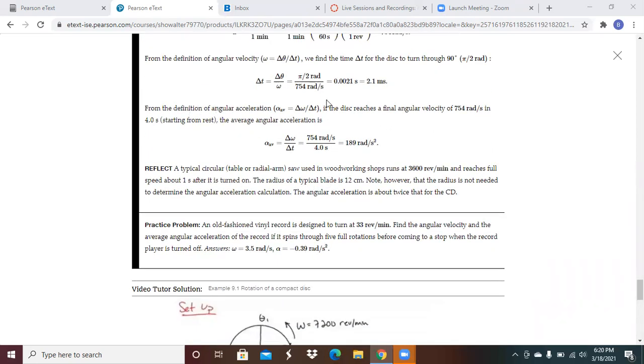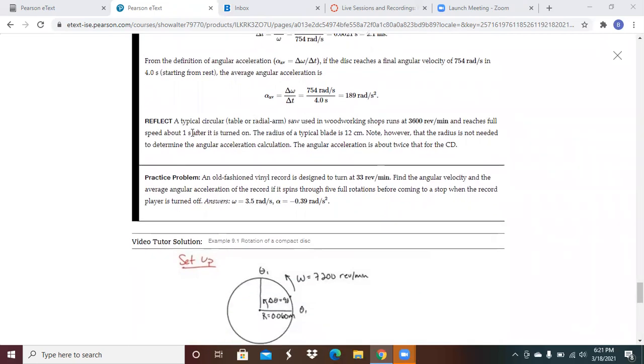If the disk reaches this final angular velocity in 4 seconds, the average angular acceleration is going to be this, 189 radians per second squared. So this is kind of interesting.